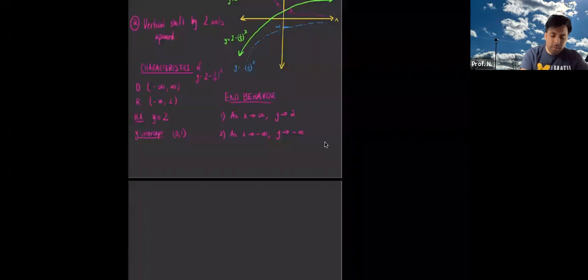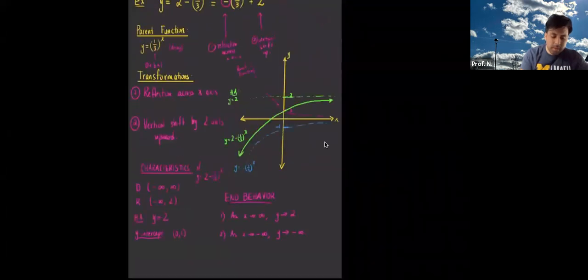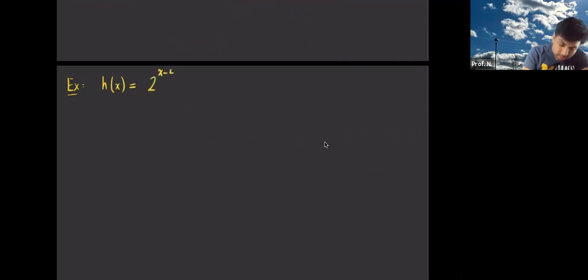So I'll give you one more of these kind. I have a function that looks something like this.